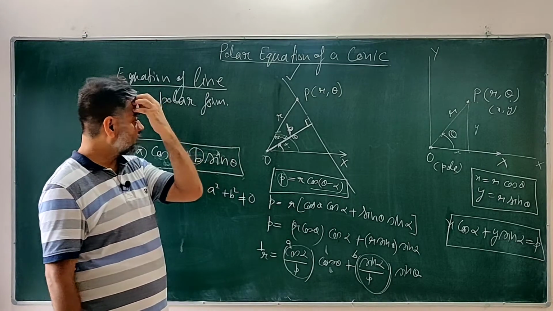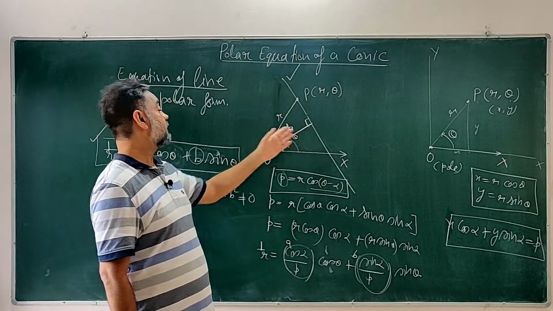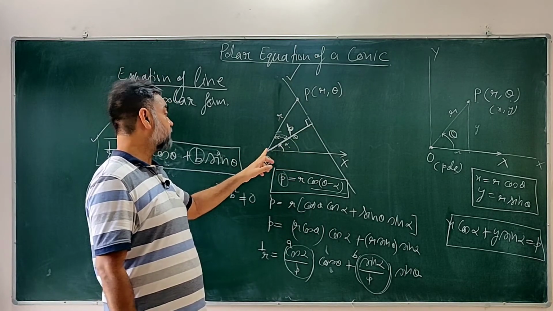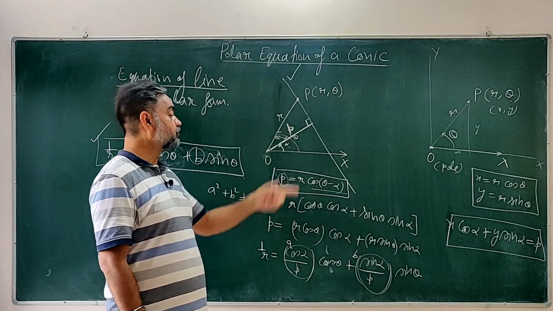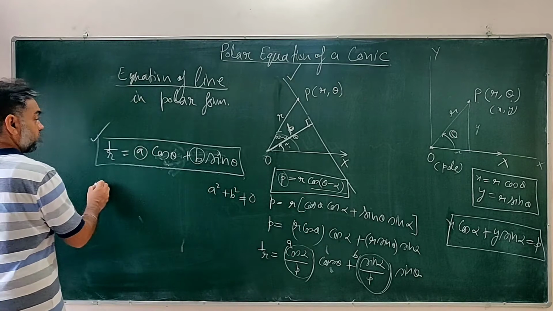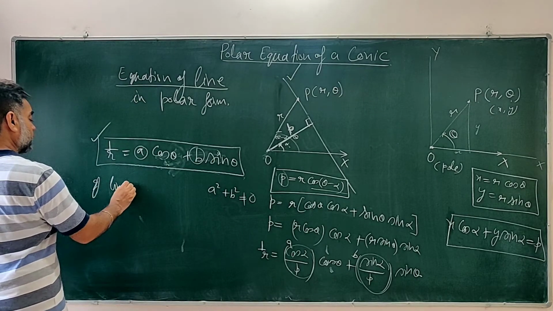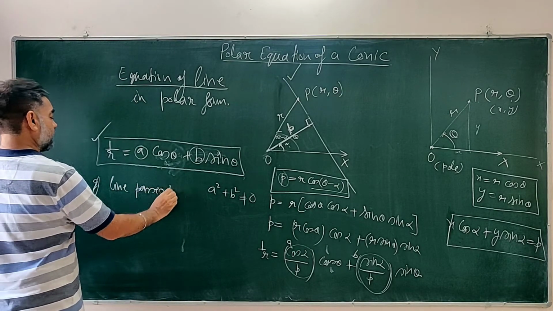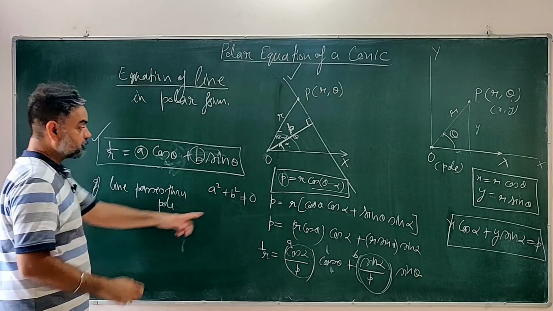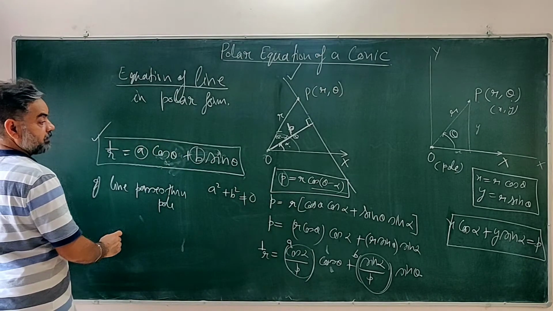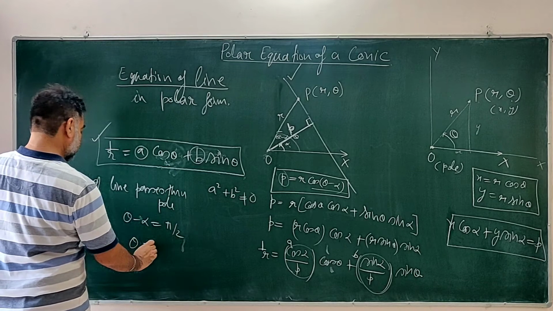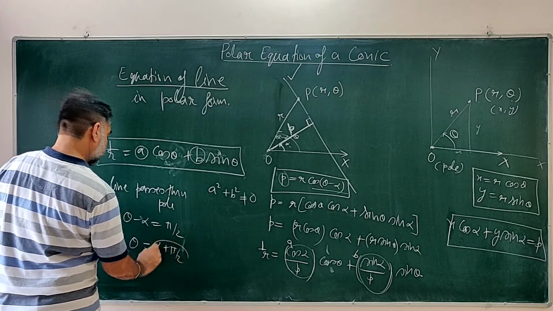What would be the equation if the straight line passes through the pole? If the straight line passes through the pole, then the distance of the straight line from the pole, this small p, would be 0. Then cos of theta minus alpha would be 0, and that means theta minus alpha is pi by 2, so theta is equal to alpha plus pi by 2, and this is a constant.